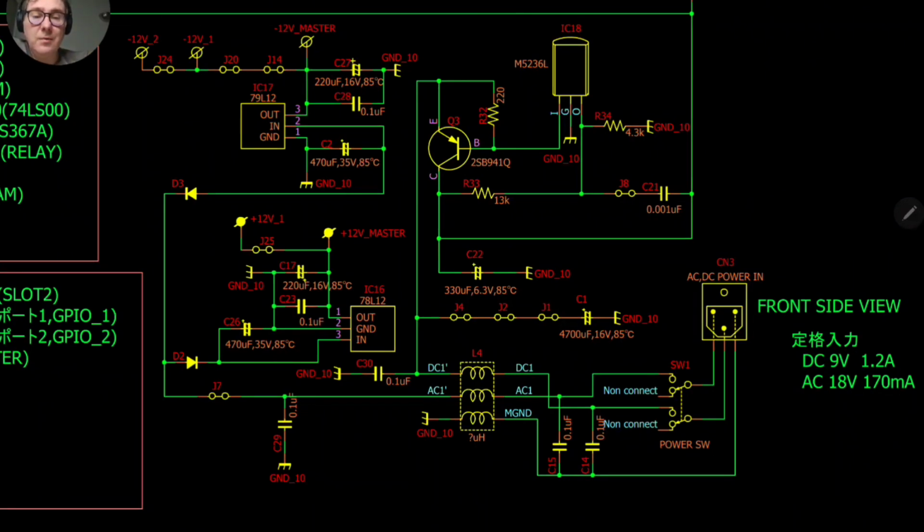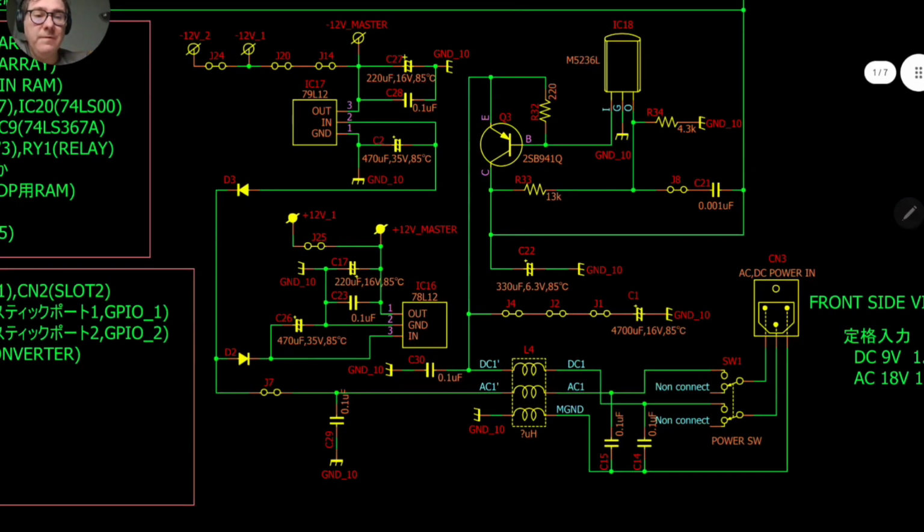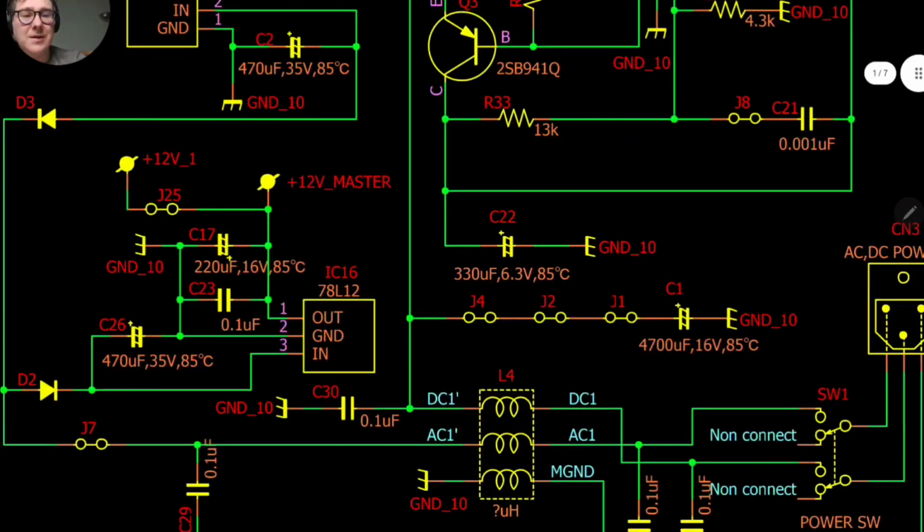Things that we could improve in here, well, not much. It works fine. Something that I find a little bit worrisome is this capacitor. Why? Because if you look here, you'll see that it's rated at 6.3 volts, which is fine, so this is over the 5 volts that we need.